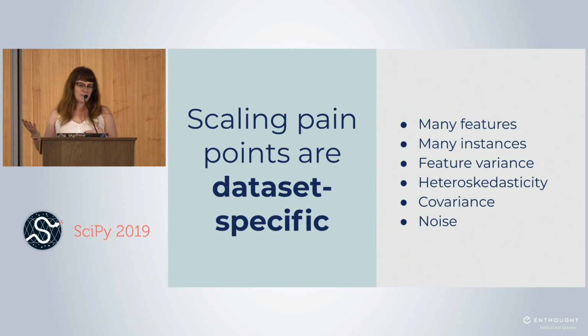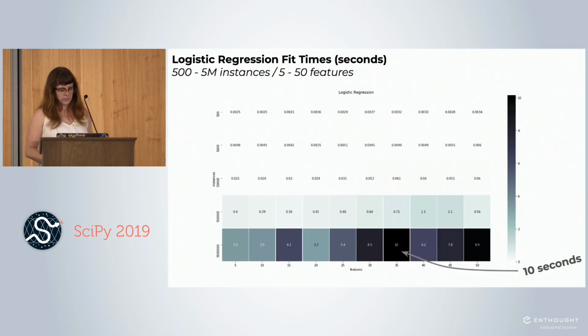Noise for the sarcasm data set is like typos, maybe, and noise for the sensor data set is the sensor doesn't work. It goes down and misses some of the readings, let's say. So even there, that has a lot of nuance to it. The scaling pain points of those different kinds of data are really data set specific.